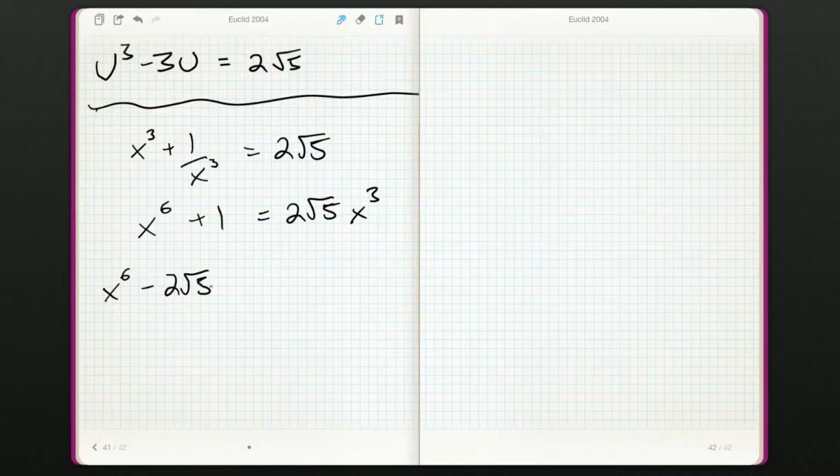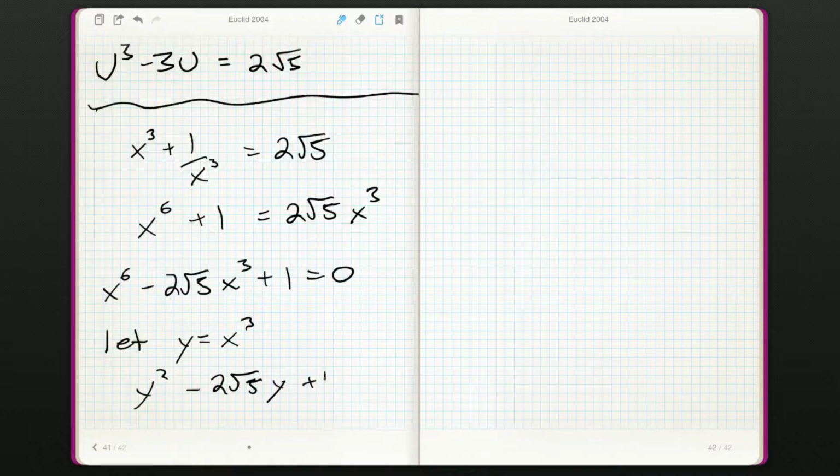Bring this over to the other side. Suddenly, we've got a quadratic in terms of y equal x cubed. Then we're looking at y squared minus 2 root 5 y plus 1 equals 0. We could get a value for y. We could. How would that help us?